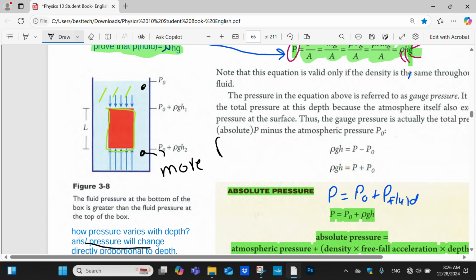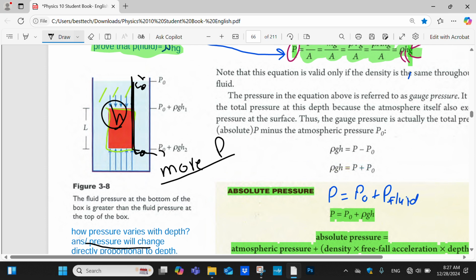Let me tell you why. Because at that point we have more H. How do we know that? From this point to the surface of the water we have more H, the depth, the distance inside the water. But from this point to the surface we have a small H. So because at that point we have more H, we have more pressure, because the relation between pressure and H is directly proportional.